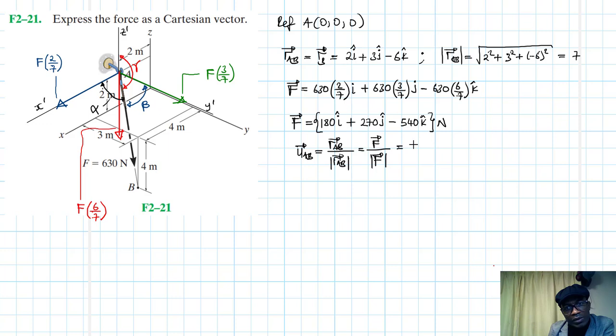So this is equal to 2i divided by 7 plus 3j divided by 7 minus 6k divided by 7, which is also equal to 180 i divided by 630.